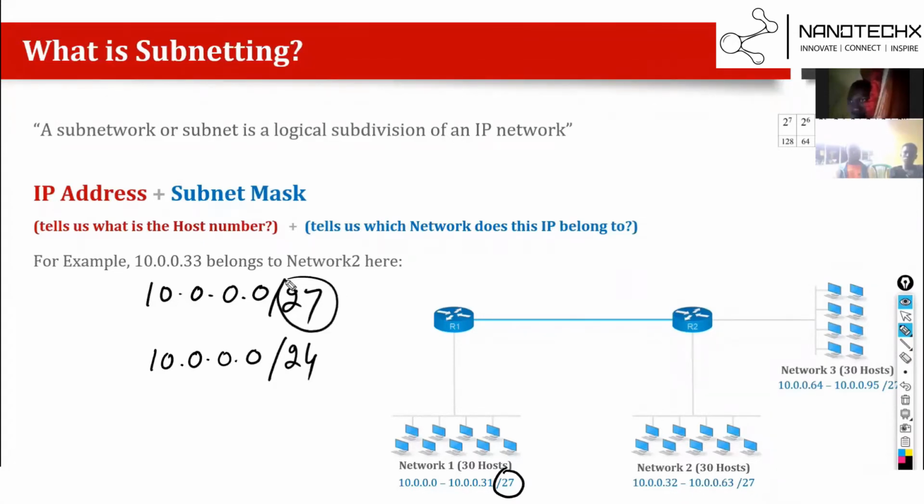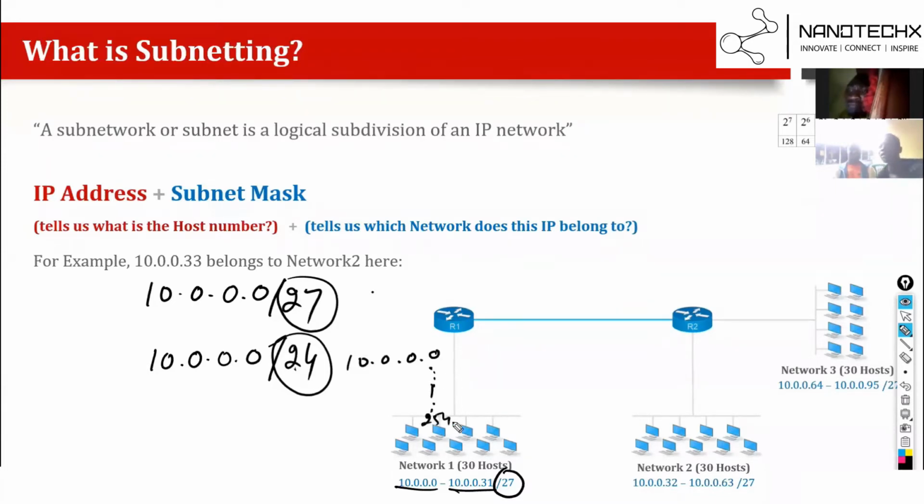While this number tells us there are 256 hosts, where the first IP will be 10.0.0.0, then 10.0.0.1, 10.0.0.2, until .254. So the subnet mask is very important to know the location.